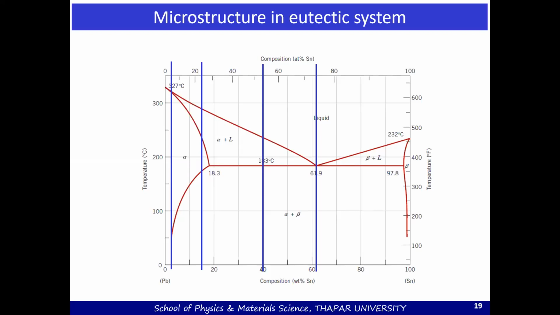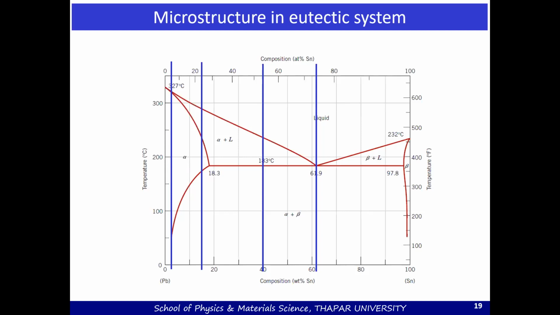Cored structure means there is a concentration gradient within the layers of the solid. At the center, the concentration is highest, and as you move away from the center of the solid, the concentration gradually decreases. This happens because in equilibrium cooling, you allow the constituent to diffuse, and hence the solid is always at the equilibrium concentration.